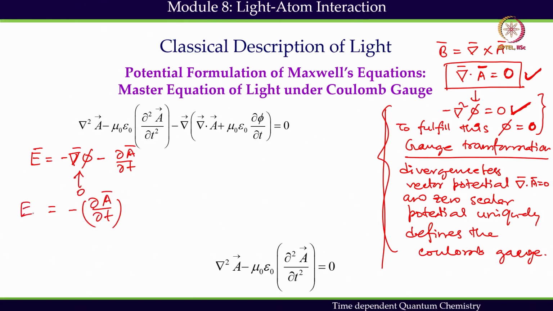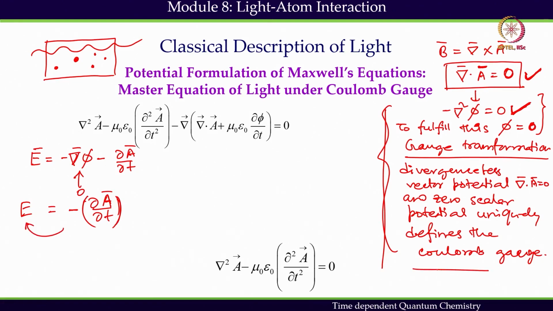So electric field, I remind the picture one more time. I had an atom sitting in this vacuum and light is propagating through the medium. If the light is propagating through the medium, the electric field at any point in the medium will be represented by the time varying vector potential at that point. So at that point there will be a time varying vector potential that is going to contribute to this electric field.